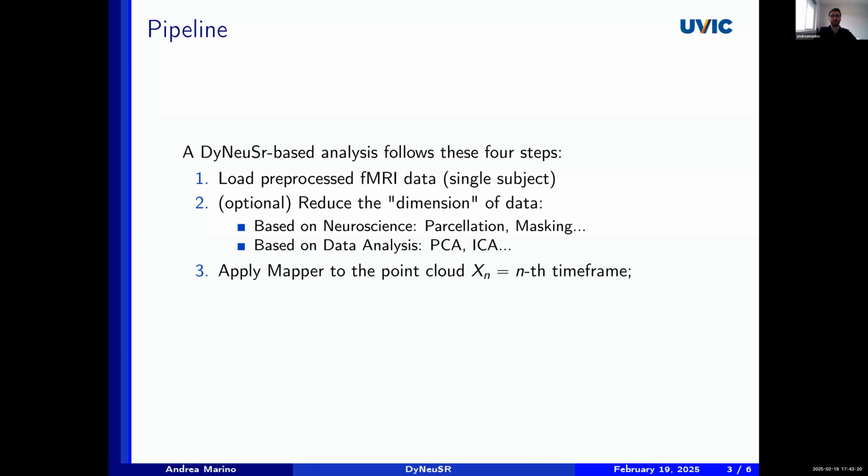So once we have our reduced data, we can apply mapper to the following point cloud. One point is associated to a time frame of our scan. And then we can generate these DyNeuSR visuals using, for example, different colorings or labels that enrich our comprehension of the graph.